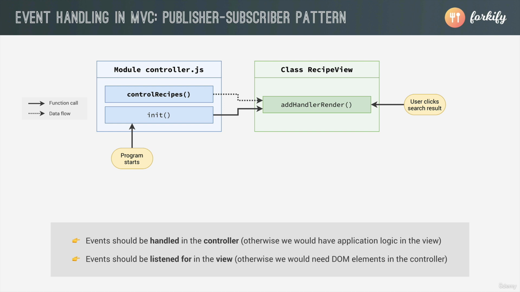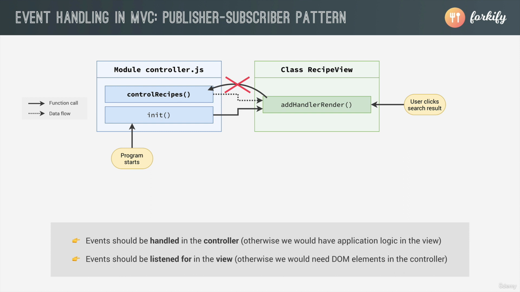And so if you take a look at this small diagram that is just a part of the architecture diagram that we already saw before, here we have the control recipes function in the controller, and we have a special method in the view which is called add_handler_render. Now we might think that it is very easy to connect these two functions, because why not simply call the control recipes function right from the view whenever an event occurs?